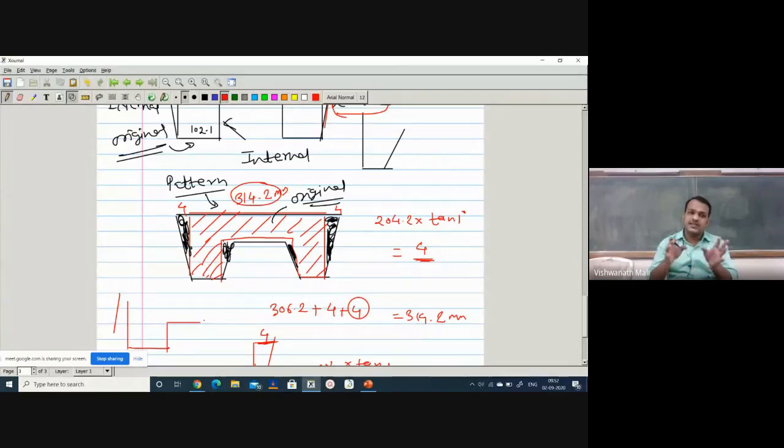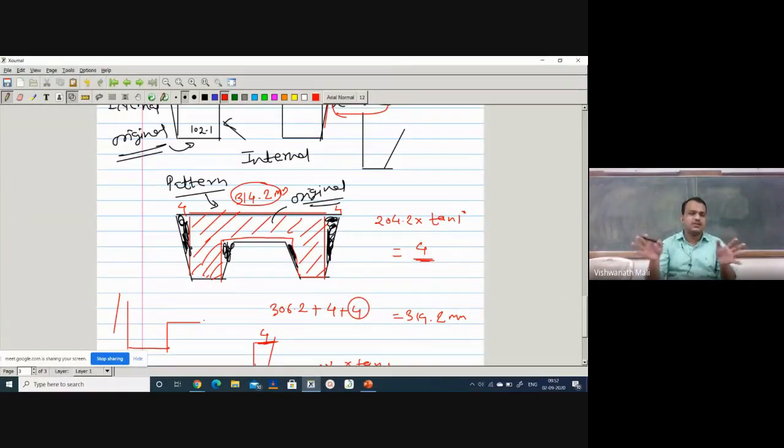Generally we use the internal surfaces for our future purposes, but the external surface we don't use. In internal surfaces we require more surface use. In that case we may go for more machining in internal surfaces. Why? Generally in casting we use internal surfaces for assembly purposes, for any future purpose.